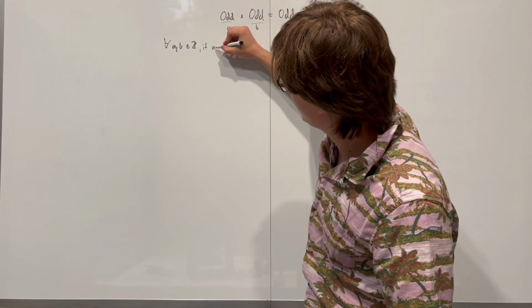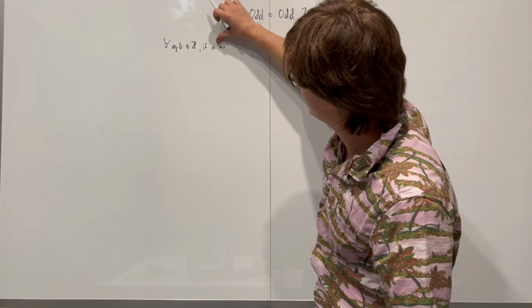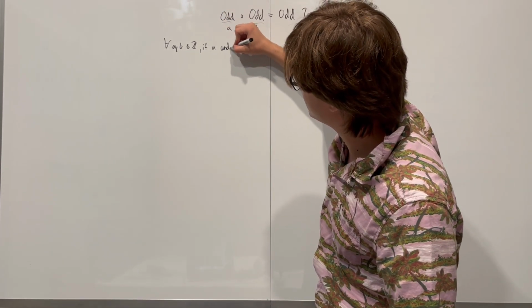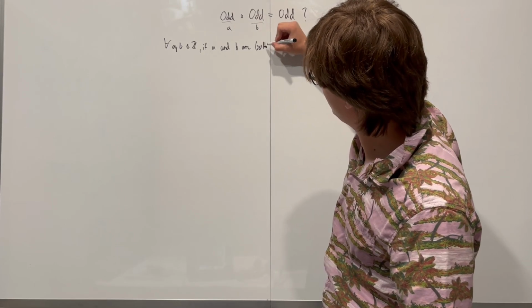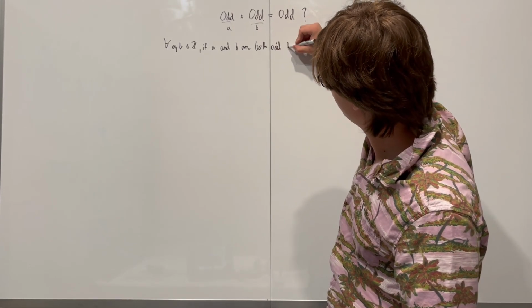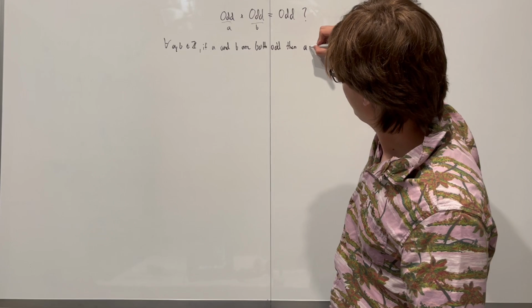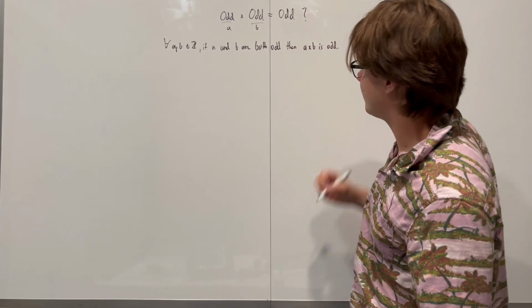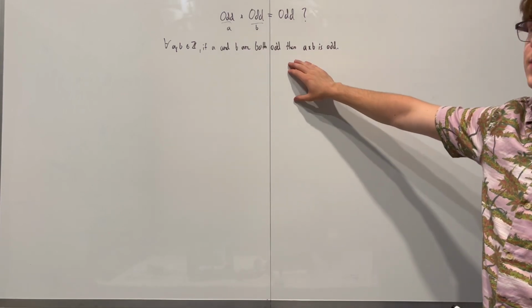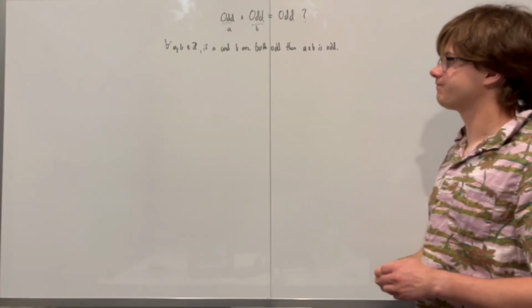If a and, let's write that bigger, and b are both odd, then a times b is odd. Okay, this is the statement we're going to try and prove.